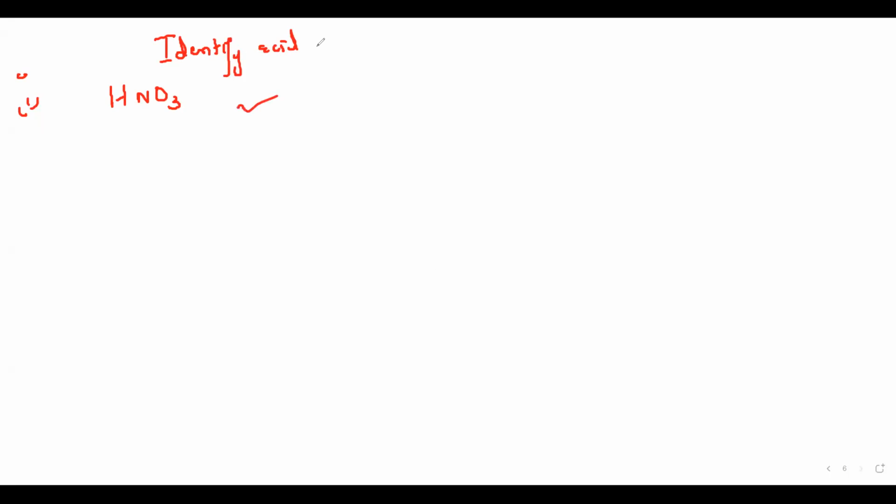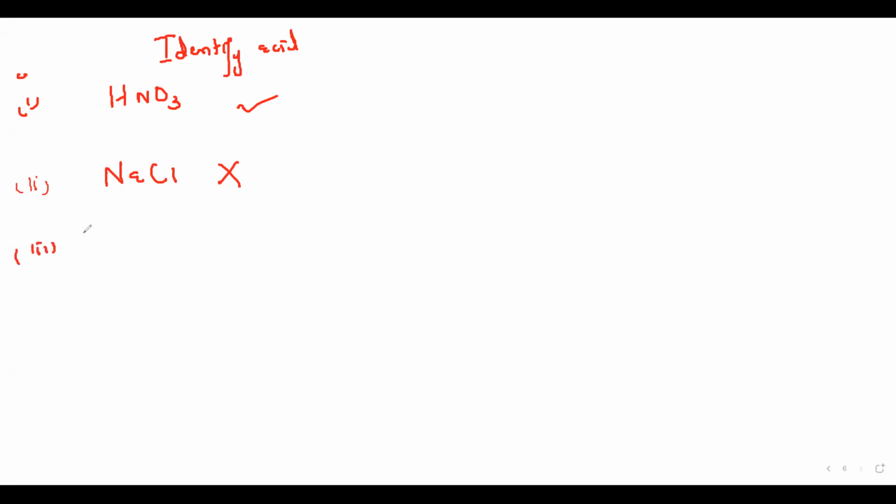Yes, HNO3 is an acid. Then the second example we have NaCl. Is it an acid? No, it's not an acid because you don't see hydrogen at the beginning.